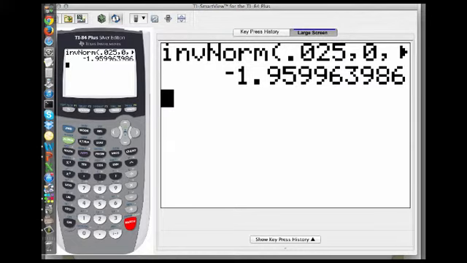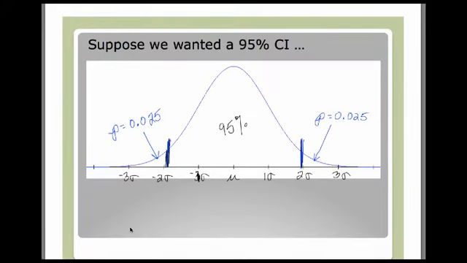If we go back, what we now know is this z star is negative 1.96. That's this right there. This one here is a positive 1.96.